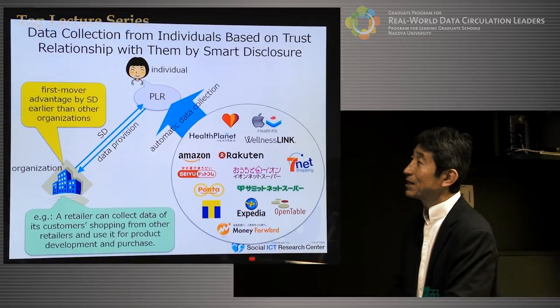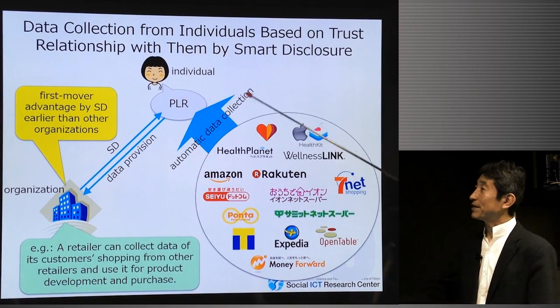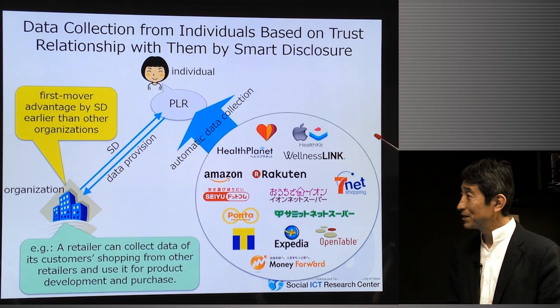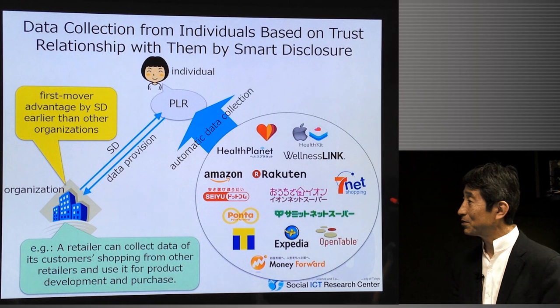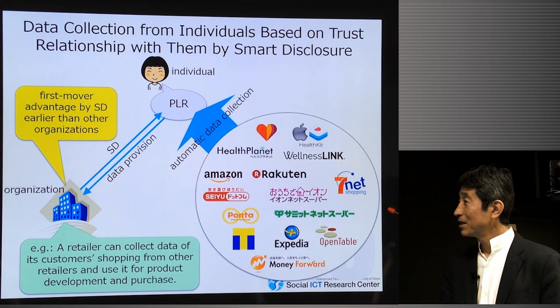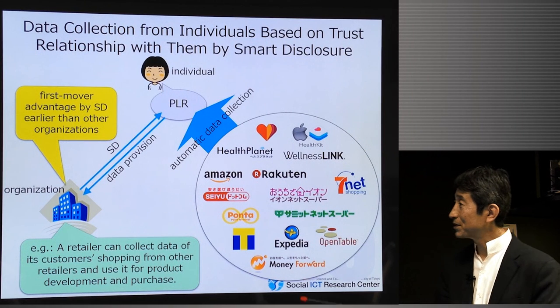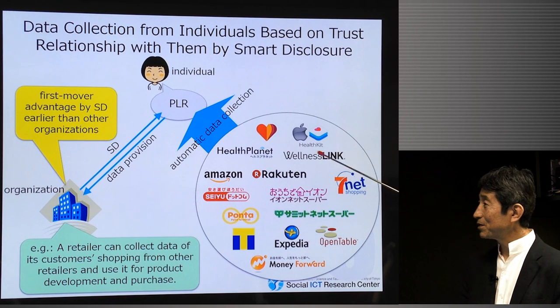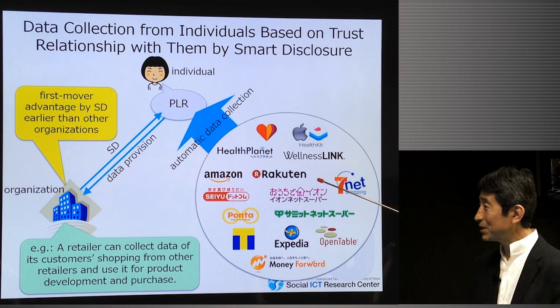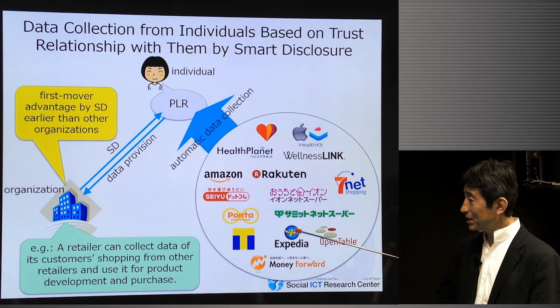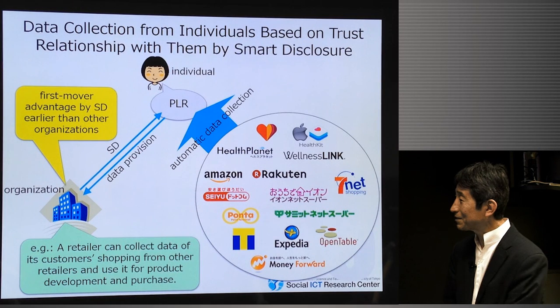On the other hand, the individual is able to collect data from online services or electronic services like Google Fit and Apple's HealthKit. And this is Omron and Tanita, Amazon, Rakuten, and net supermarkets, Expedia, and those.